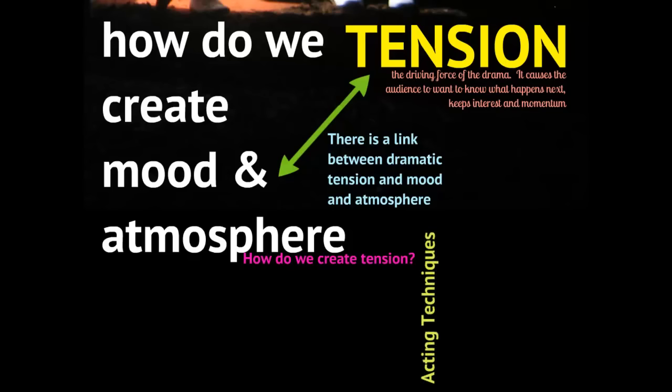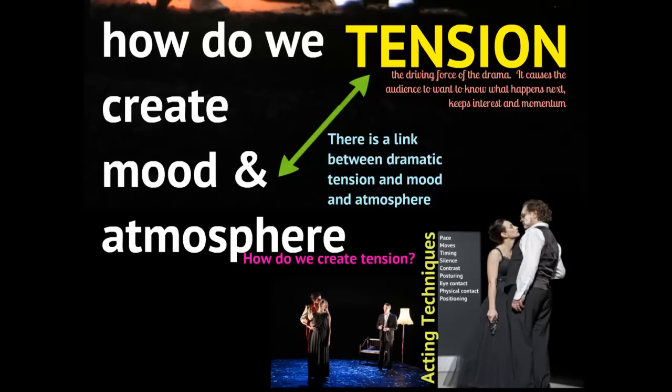Acting techniques are particularly important when creating tension. For example, we have to think about things like pace, moves, timing, silence, contrast, posturing, eye contact, physical contact, and positioning of the body in order for us to be able to create tension. If we look at these two images right now, we're looking at the positioning of the bodies and how close they are and how separate they are.